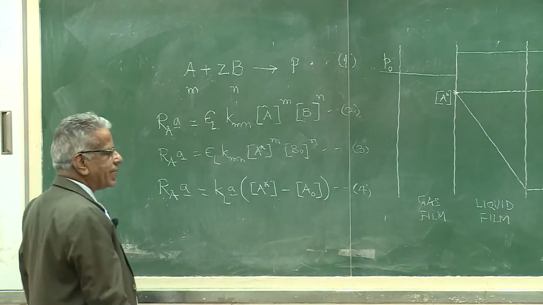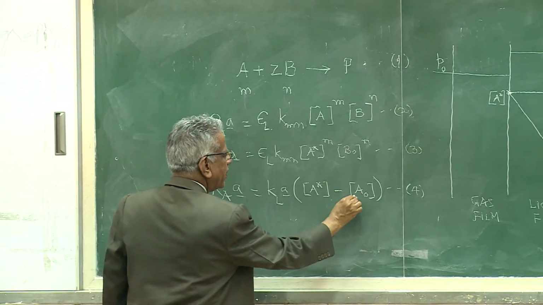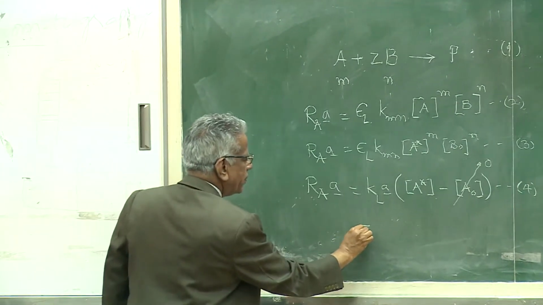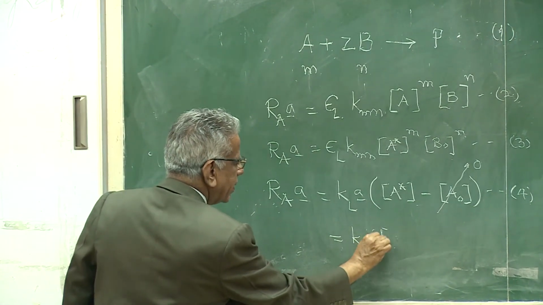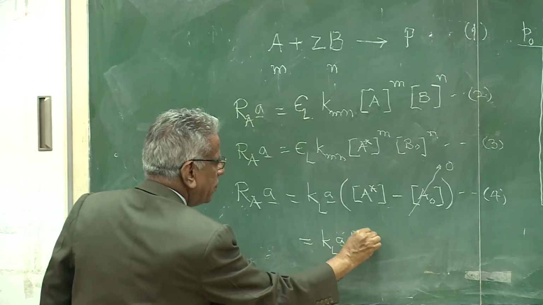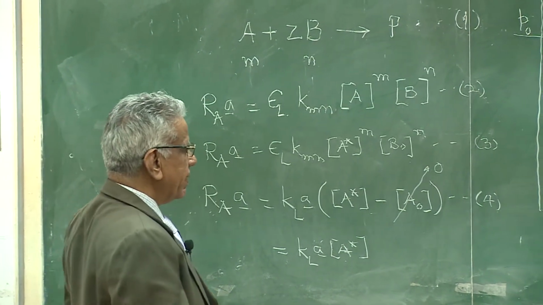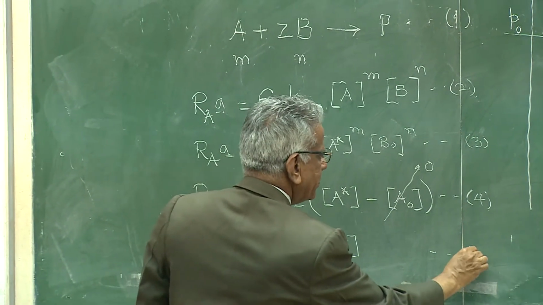But when it is mass transfer controlled, A naught is 0, and therefore this is equal to really KLA into A star. So, equation 4, so this is equation 5.